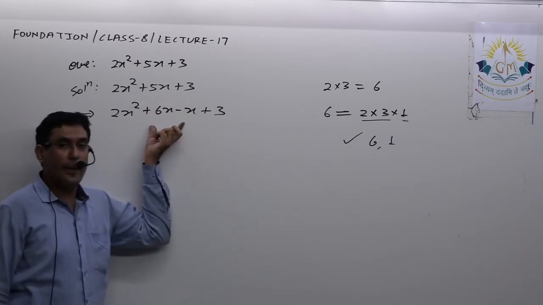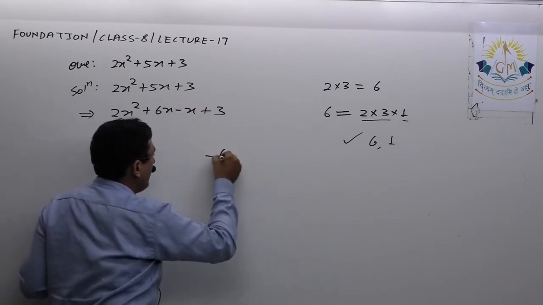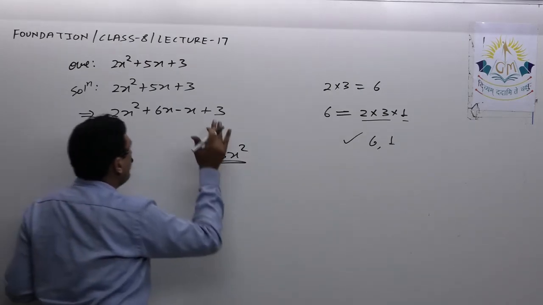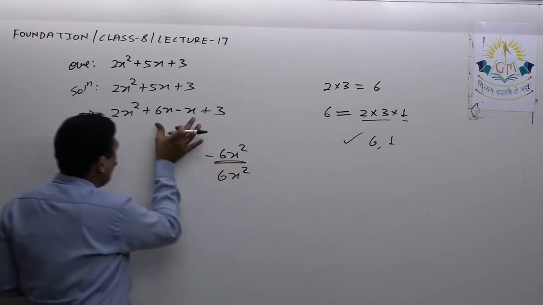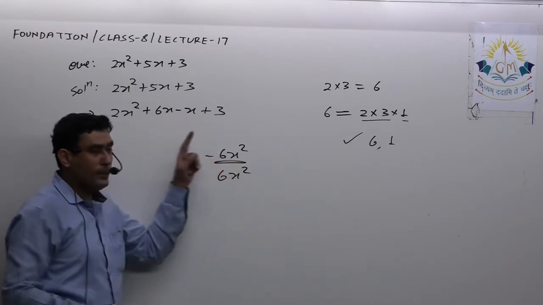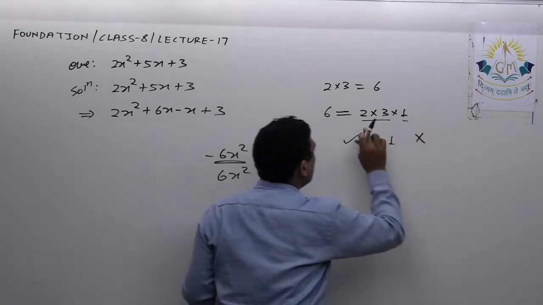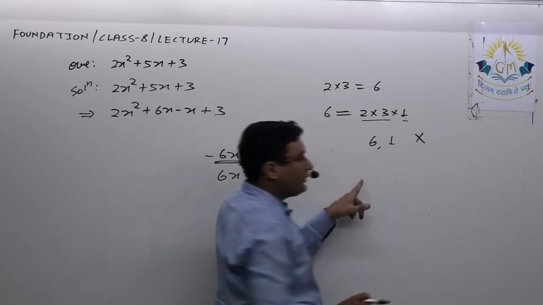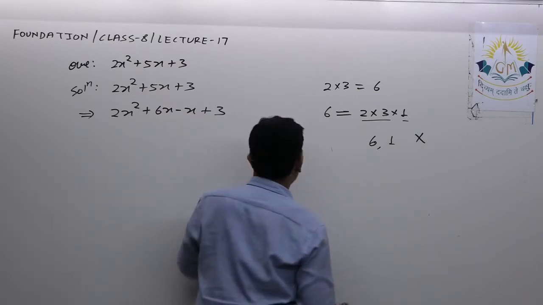Now, if you multiply these two, what will you get? 6x multiplied by minus x gives minus 6x square, and 2x square into 3 gives plus 6x square. So the product of these two is not the product of the first and last, so we say this is incorrect. Even though the sum is correct, the product is not, so this is the incorrect selection or combination.